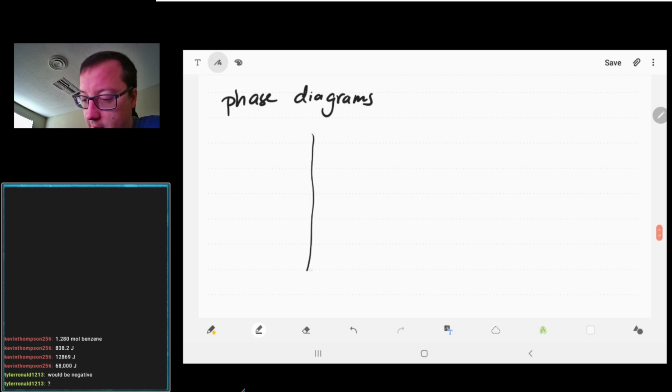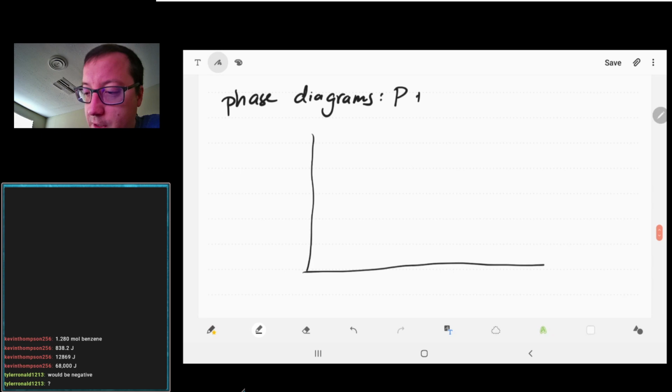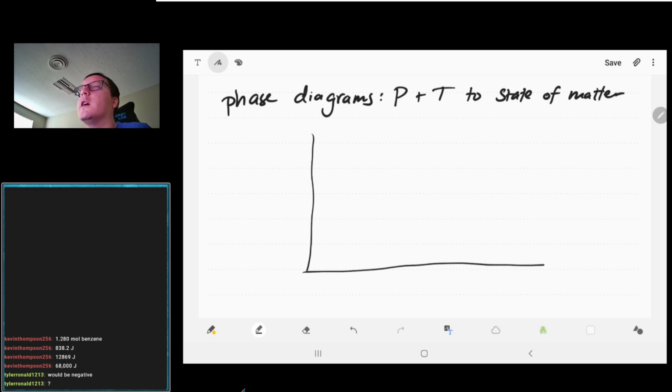So we're going to see these relate pressure and temperature to state of matter. So we know that closely packed together molecules or atoms are solids, kind of intermediate where they're still close together but flowing past each other, those are liquids, and then far apart we have gases, right?